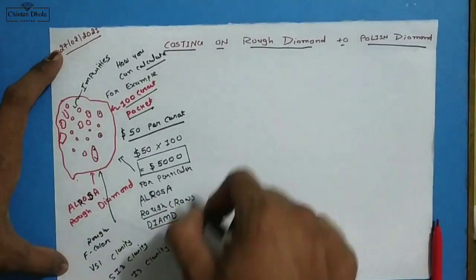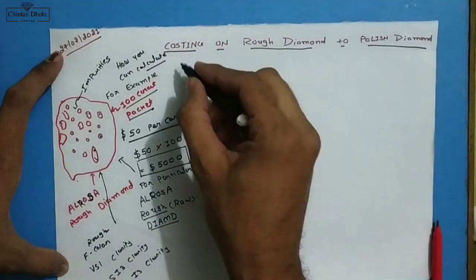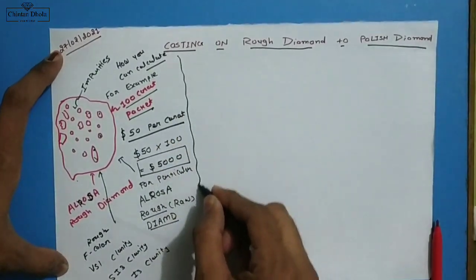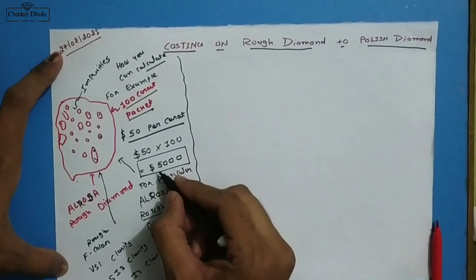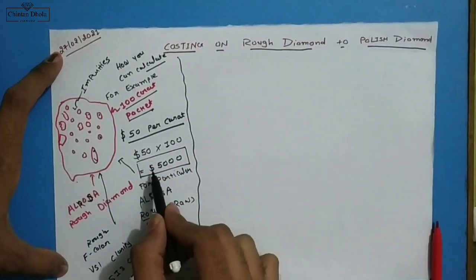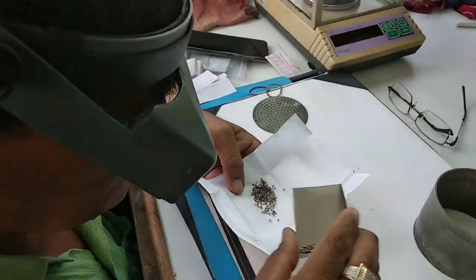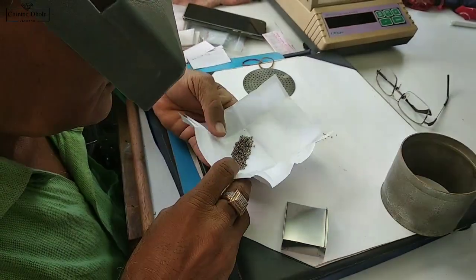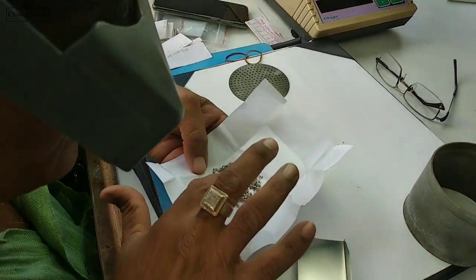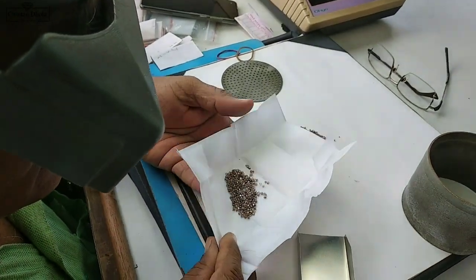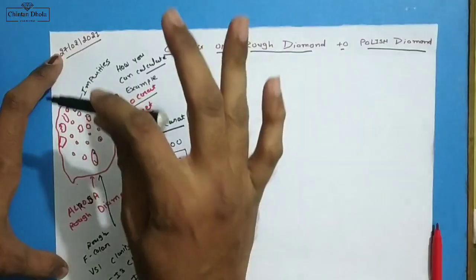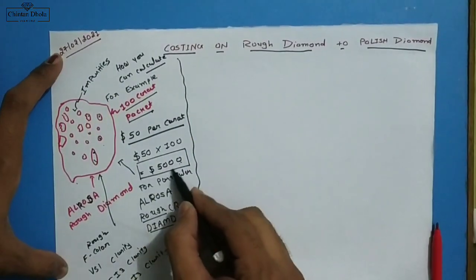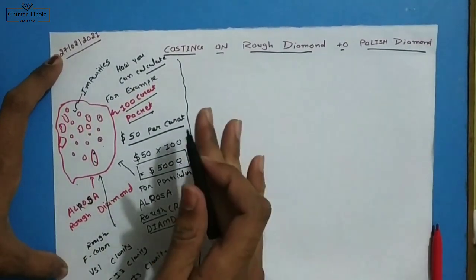Now this is the costing of the rough diamond: $5,000 per 100 carat packet. Now $5,000 for this rough diamond we have already paid. Now our costing includes $5,000.